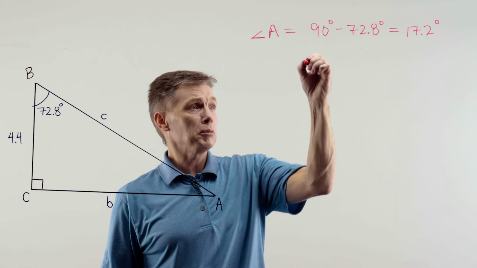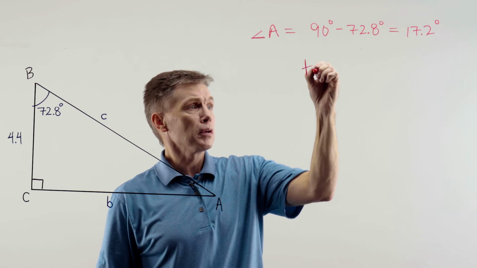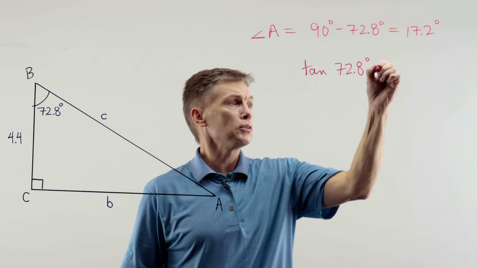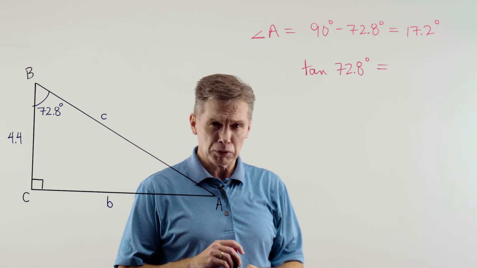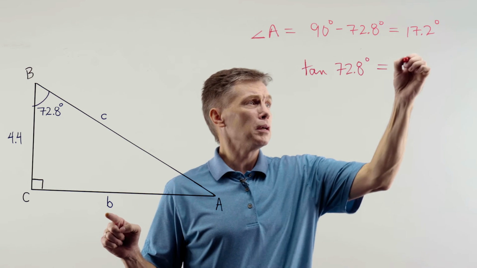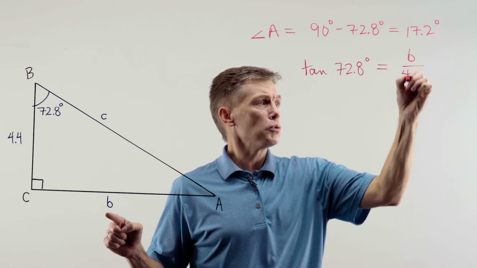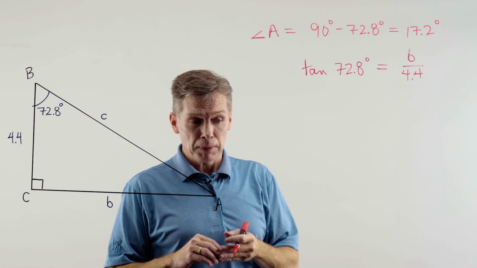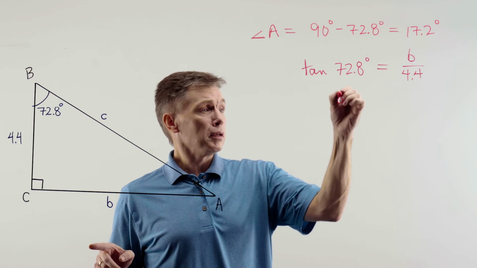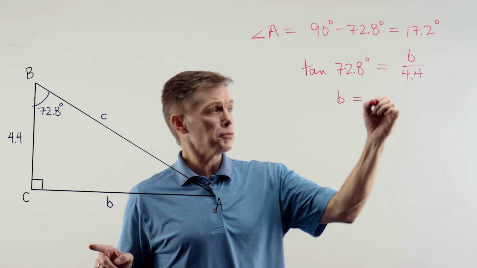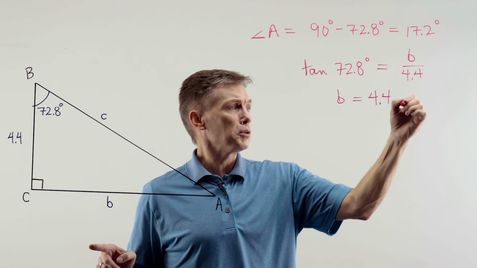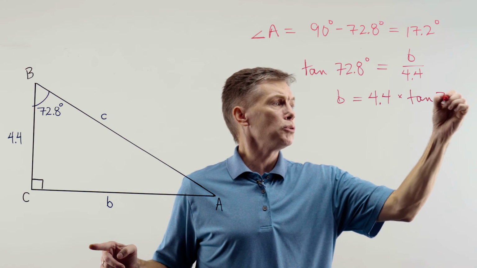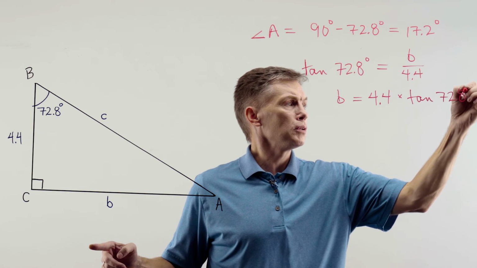Okay, so I'm going to say that the tangent of that 72.8 degrees equals opposite over adjacent, right? So B over 4.4. And see how you have an equation now that involves B, and you can solve for B here just by multiplying the 4.4 over, so 4.4 times that tangent of 72.8 degrees.